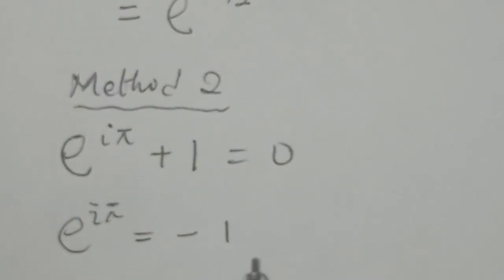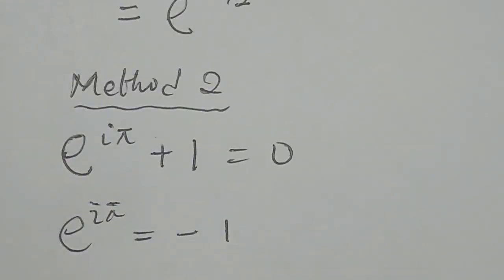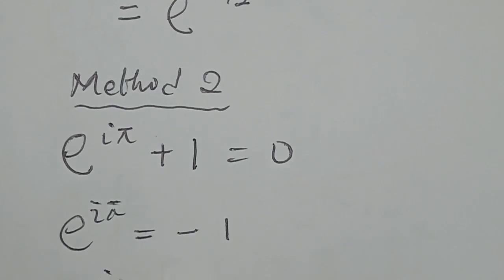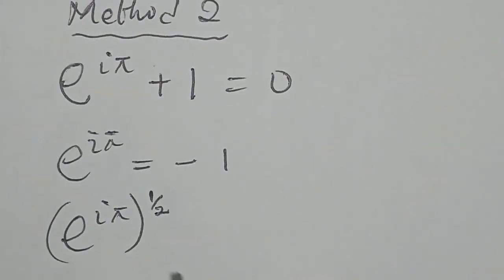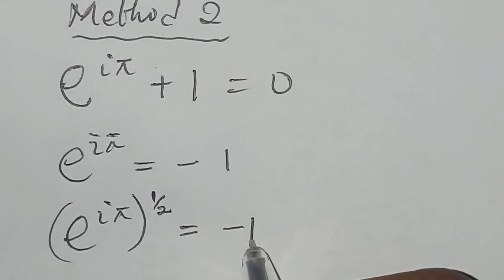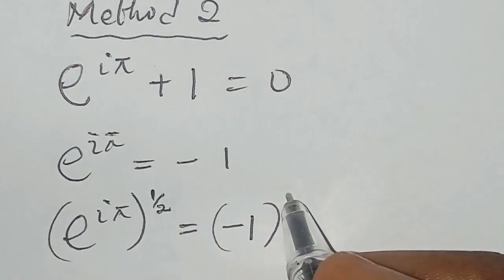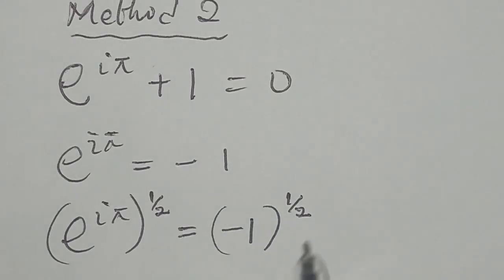So here we can take the square root of both sides. If we do that, we can write this as e to the power of i pi in brackets exponent half equal to minus 1 in brackets exponent half. This indicates a square root.